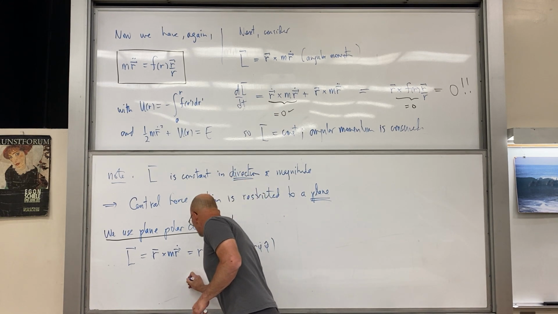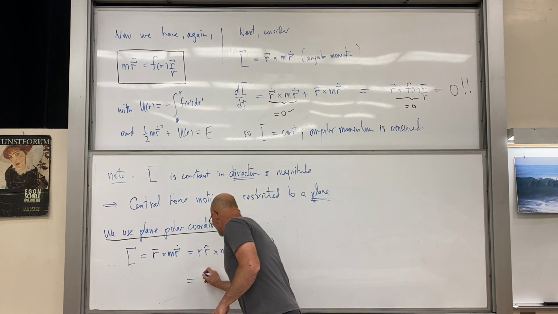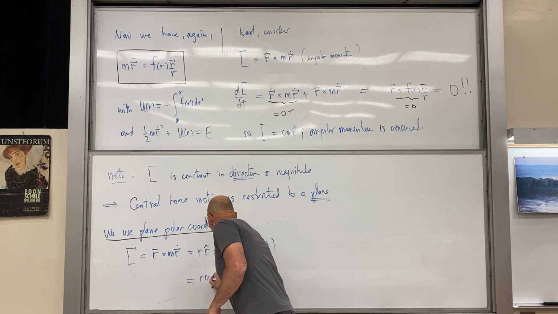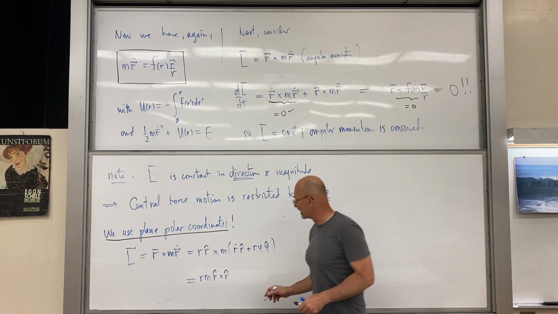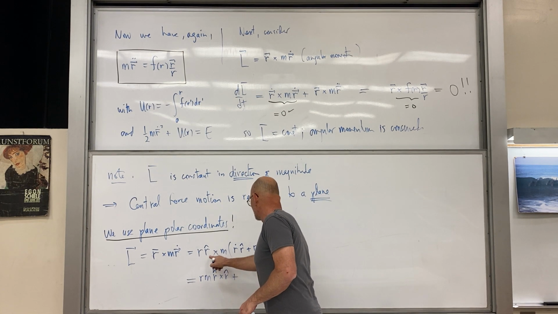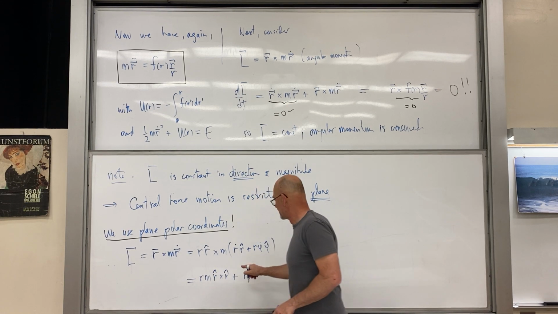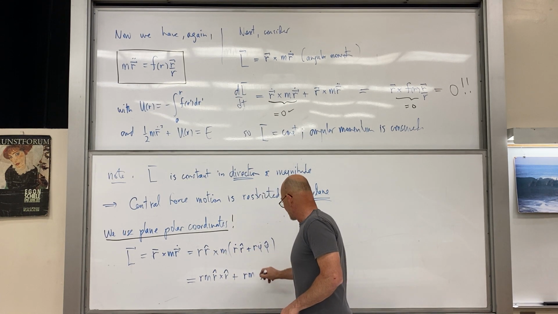I'll do it down here. Well, let's just multiply it. We have R M R hat cross R hat. Of course, that's going to vanish. I'm just writing it out because I can. Plus, R M, and we'll have the R hat.